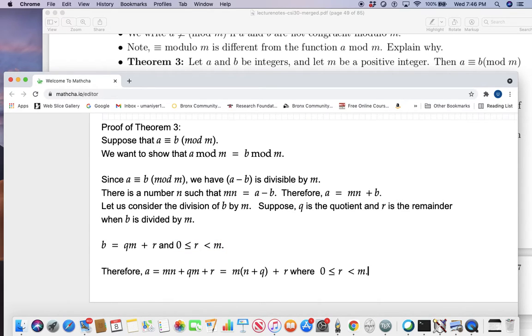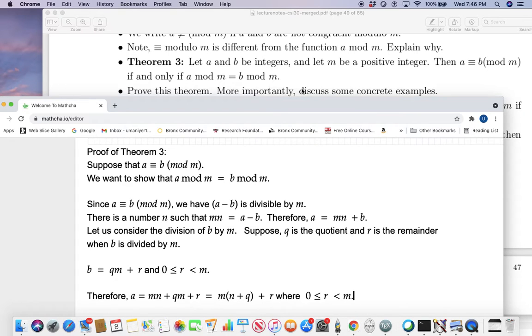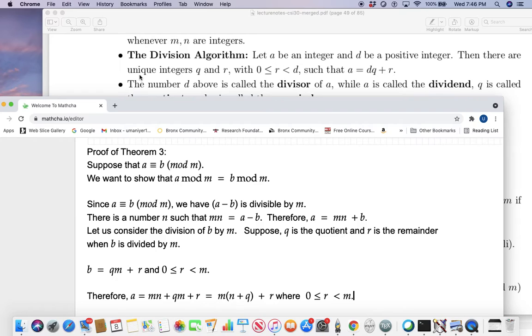You see? Okay. So in other words, remember one very important thing: the division algorithm states that you should have unique integers q and r such that r is between 0 and the divisor and your number is divisor times quotient plus r.